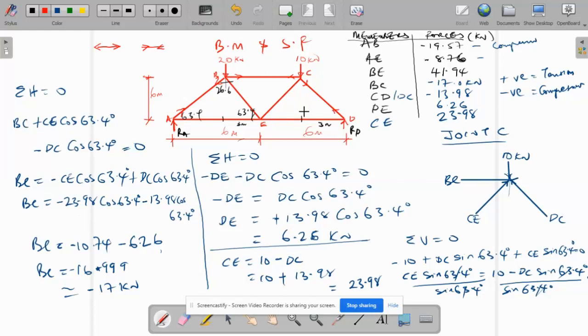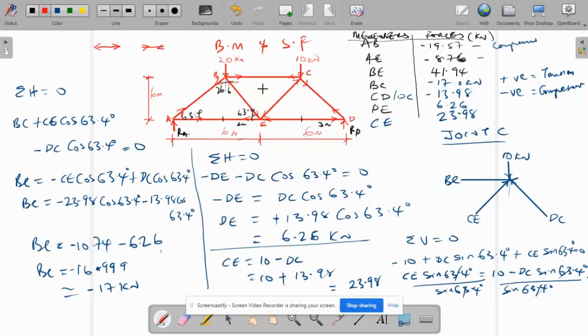ED or DE is positive, tension. AE is negative, still compression. BE is positive, tension. Then the next one is CE, which is positive, tension.